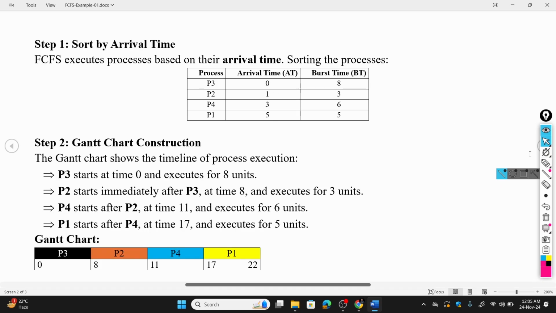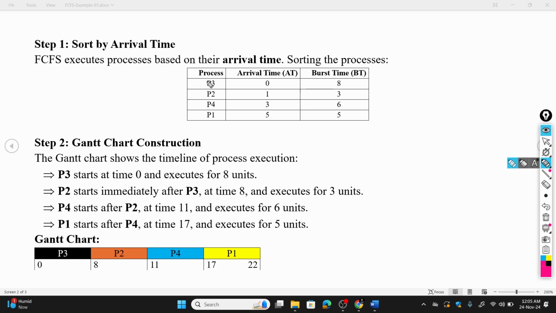Step 1 is we have to sort by arrival time. The arrival time of P3 is 0, the arrival time of P2 is 1, and up to 5 is the arrival time of P1.